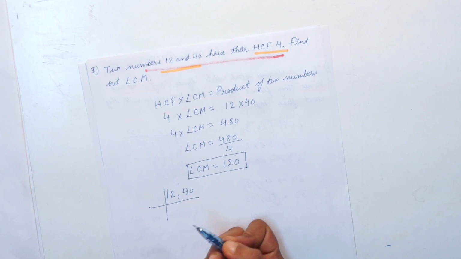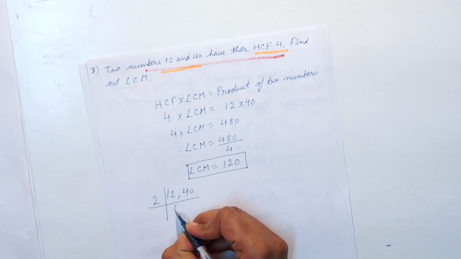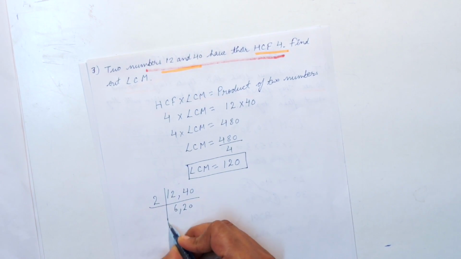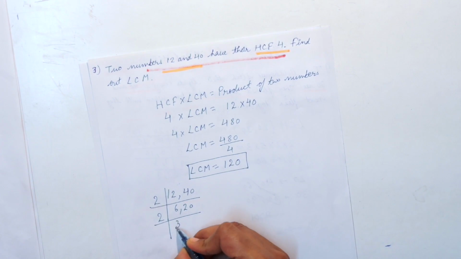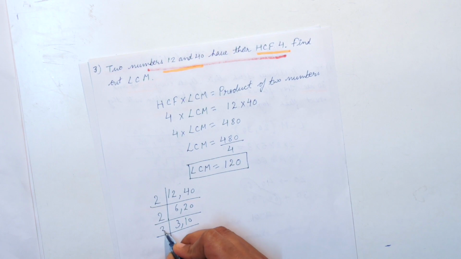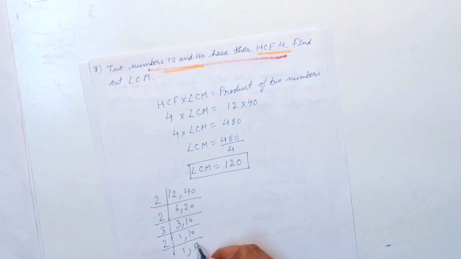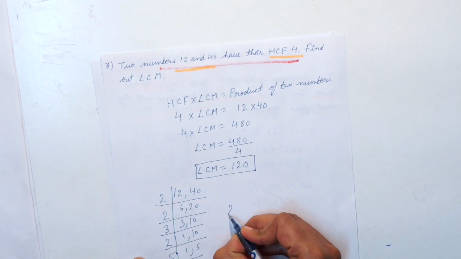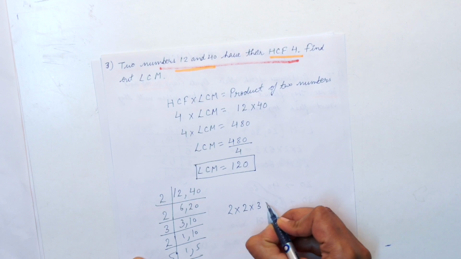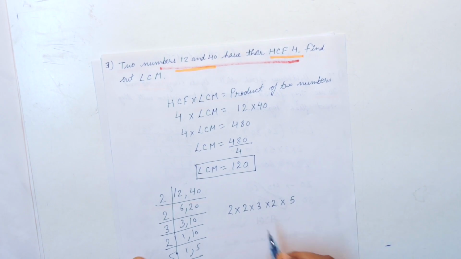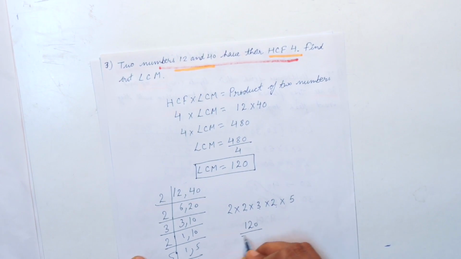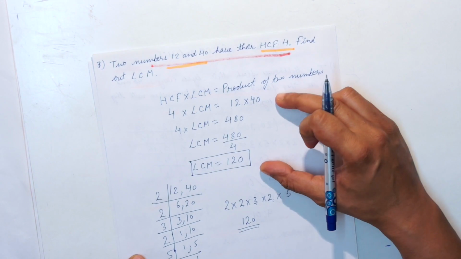If you want to find it by the ladder method, that is again a long method. That is just for verification. So what are my factors here? 2 into 2 into 3 into 2 into 5. 2 2s are 4, 4 3s are 12, 12 2s are 24, 24 5s are 120. My answer is correct, but this is the shorter way.